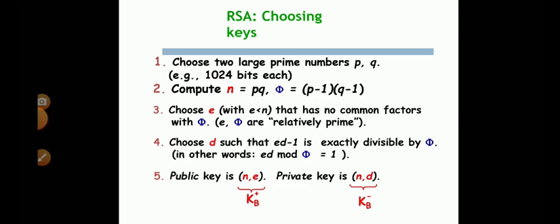Your private key is n and D. For calculating n, the formula is P into Q. For calculating D, we have the formula E into D mod phi, which must be equal to 1. That is, we have to choose D such that E into D minus 1 is exactly divisible by phi.